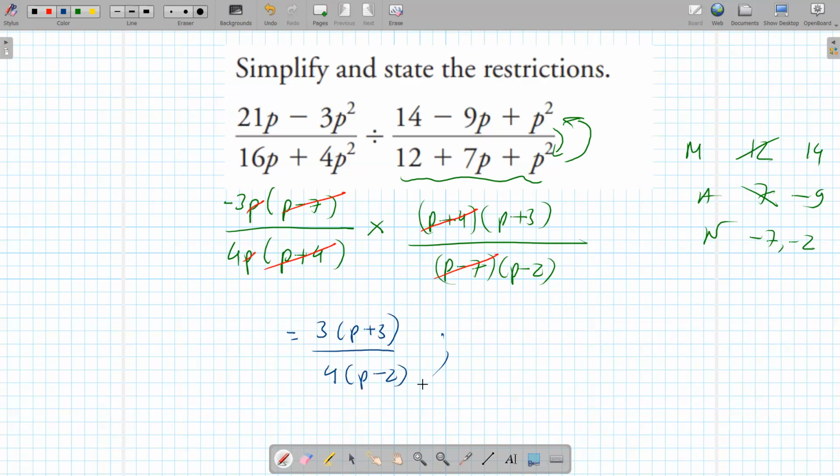There's a few of them here. P can't be 2. Yeah, that's right. That's one of them. Anything else?